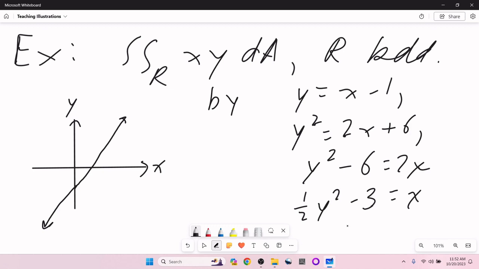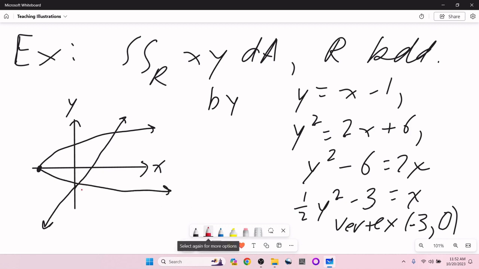So this is a parabola with a vertex of negative 3, comma 0. Because if we plug in 0 for y, that's the lowest y could be, to minimize y squared, and it'll give us negative 3 for x. So it's like this.